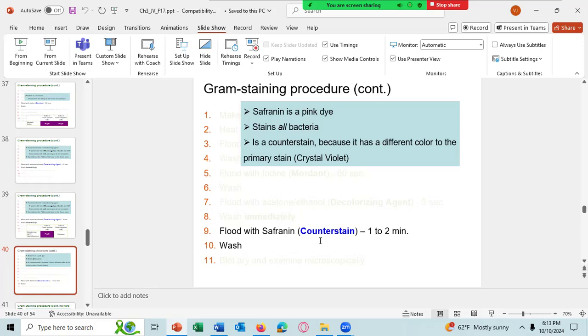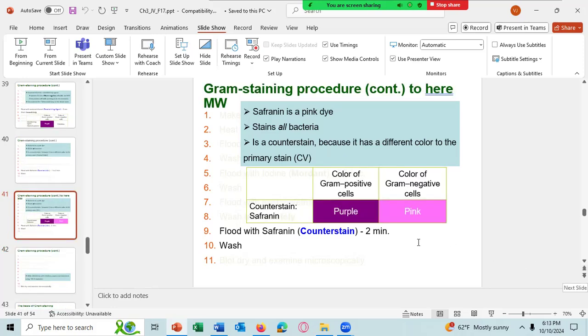You then dump the safranin off and then wash the cells in cold water. The gram-positive cells, if the gram stain was done correctly, will stain purple. The gram-negative cells will stain pink.